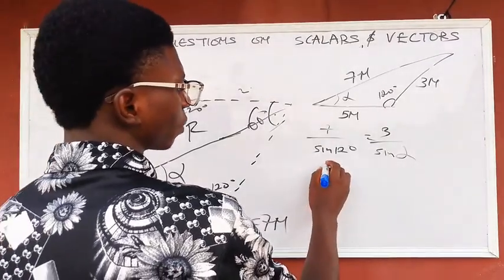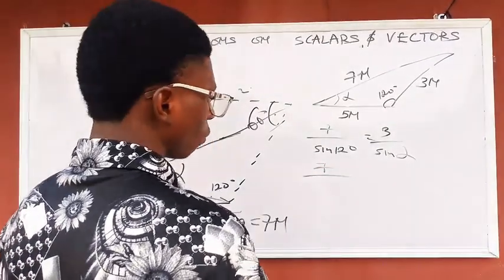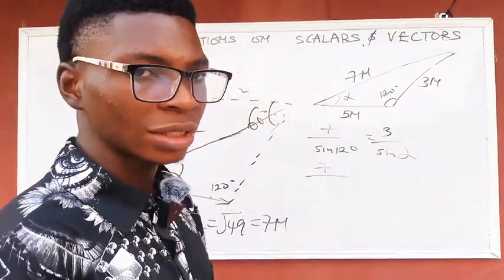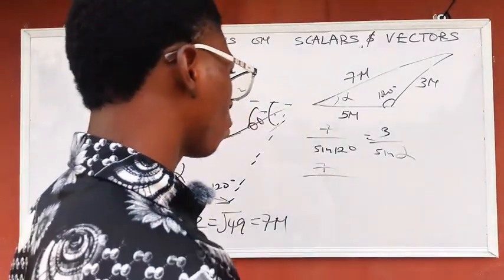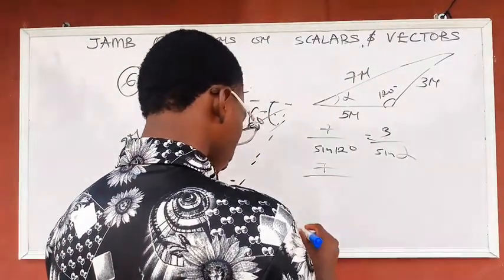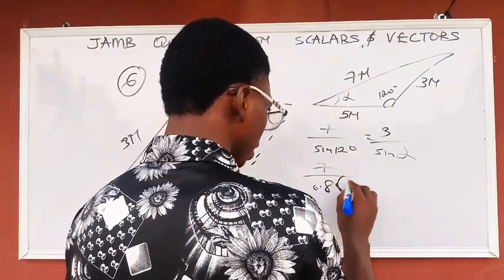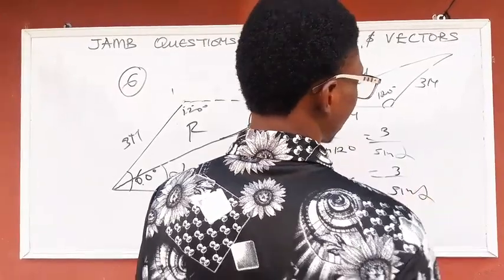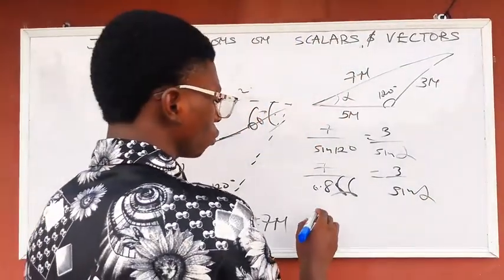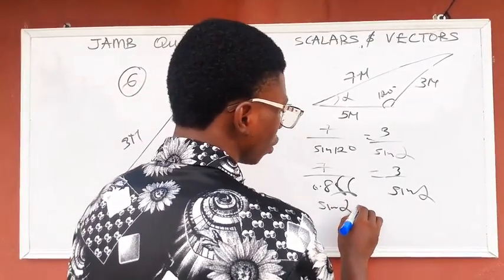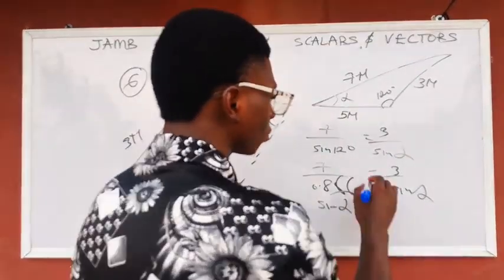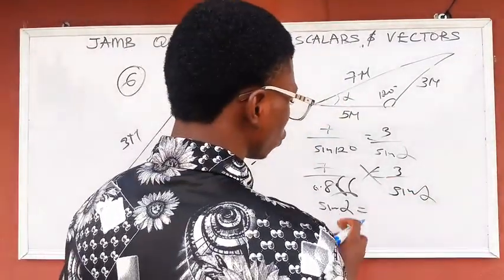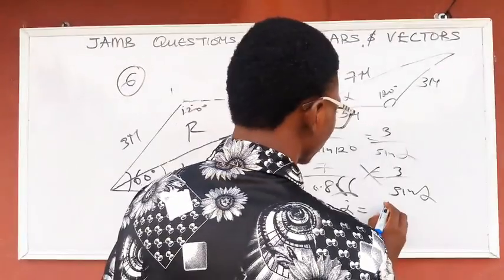What is sine 120? 180 minus 120, that will be 60. So sine 120 will be 0.866. So 7 all over 0.866 equals 3 all over sine theta. So sine theta will now be, by cross multiplication, please, we are physics students, so I expect you to have no problem with mathematics.